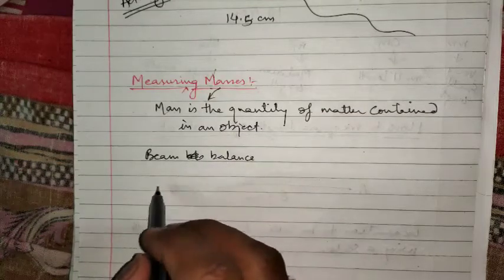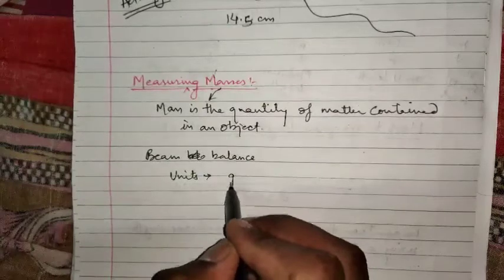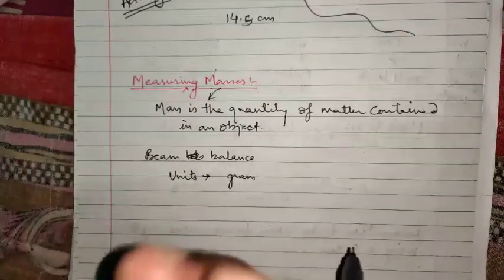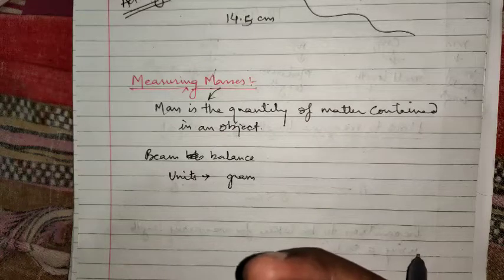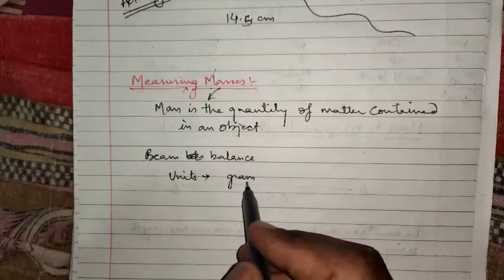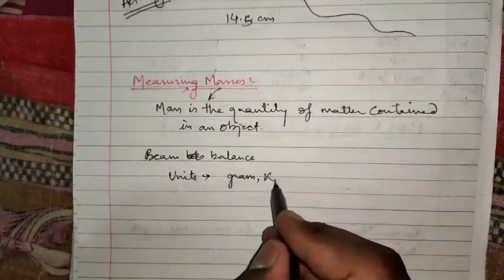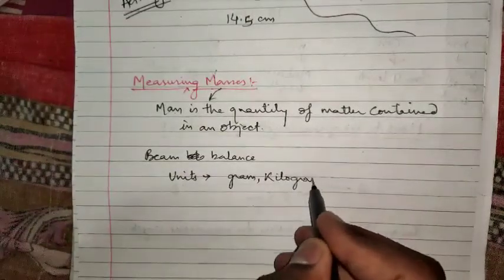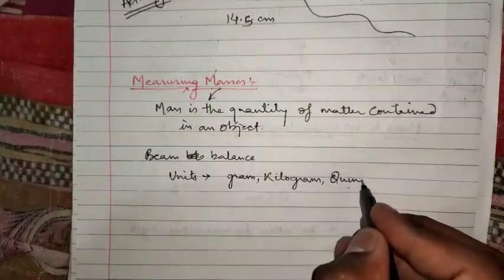Now, for measuring mass there are some units also. The smaller unit is gram. If the object is very small and very lightweight, we can measure it in gram. If the object is a little bit heavy, we can measure in kilogram. If the object is much heavier, we can measure in quintal.